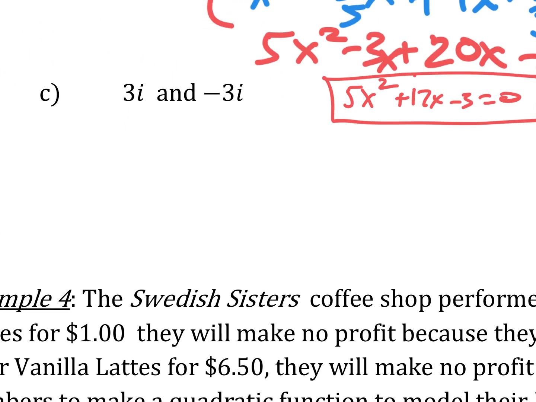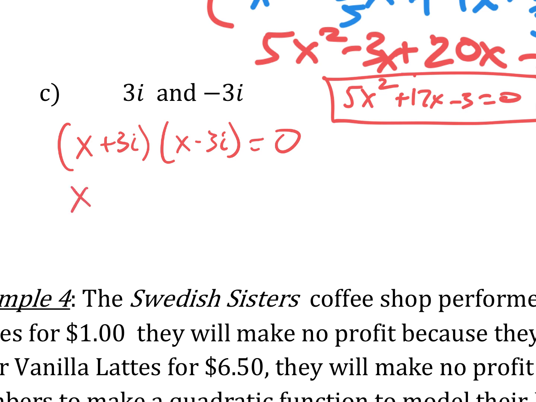If you want imaginary solutions, well, we can do the same thing. x plus 3i and x minus 3i. Okay. And we can distribute that out. We get x squared minus 3ix plus 3ix. And then we have minus 3 times 3, which is 9, and i squared.